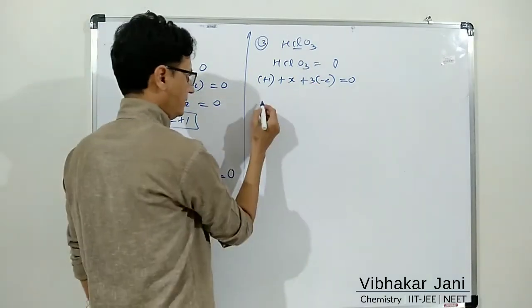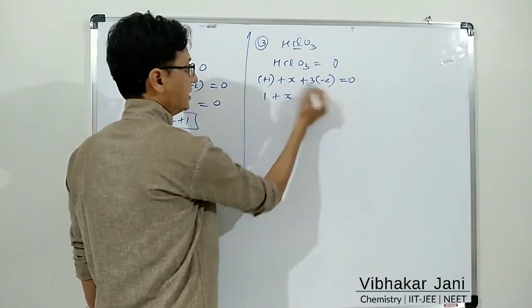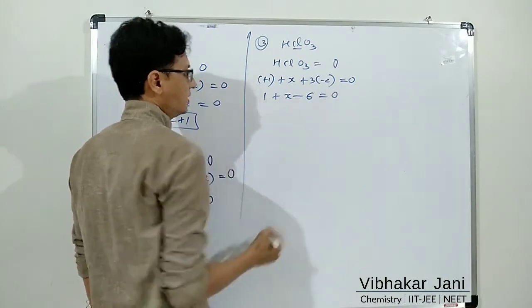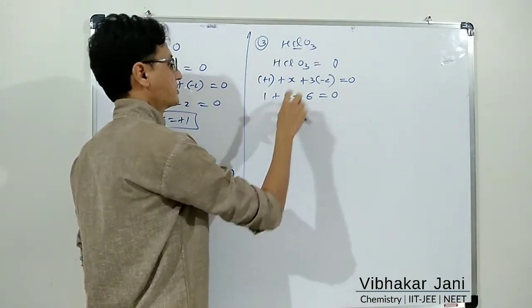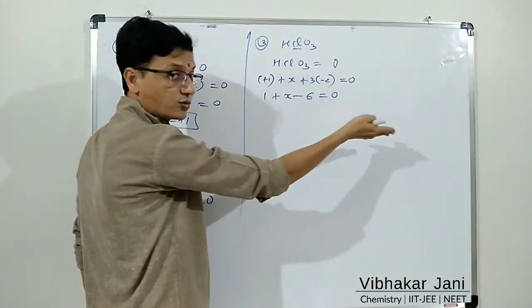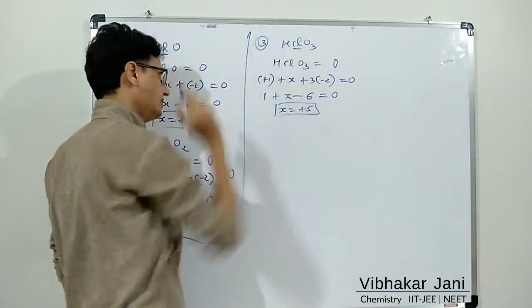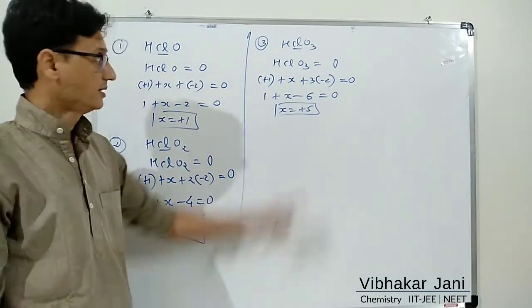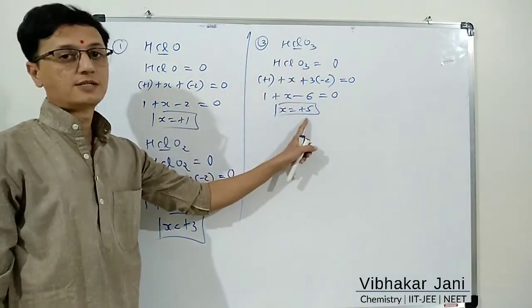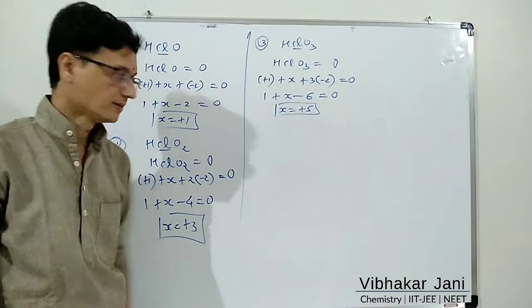Now let us simplify it. 1 plus X minus 6 is equal to 0. -6 plus 1 gives us -5. It goes to the other side, then it becomes +5. So here again, the same element chlorine, but in a different compound, its oxidation state is different.